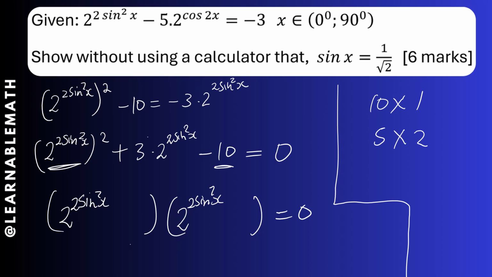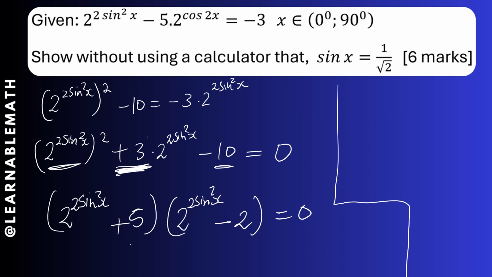But the ones that when I subtract, I must get the middle value there, which is positive 3. Obviously it must be positive 5 minus 2. So that plus 5 and minus 2 will give me plus 3, which is the middle term there. So I'll say, okay, plus 5, then minus 2. Okay, so those are the factors there.